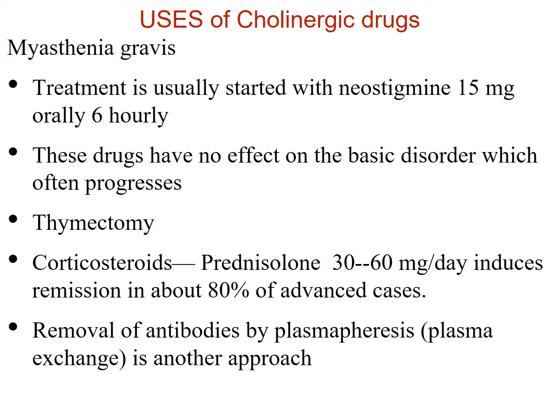Next are corticosteroids. Corticosteroids like prednisolone, given in the dose of 30 to 60 milligrams per day, induce remission in about 80% of advanced cases. Corticosteroids inhibit the production of antibodies and may sometimes increase the synthesis of new nicotinic receptors, thus helpful in myasthenia gravis.